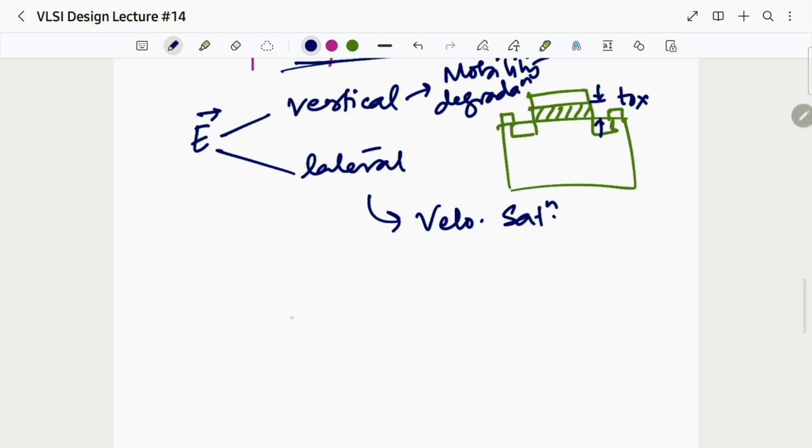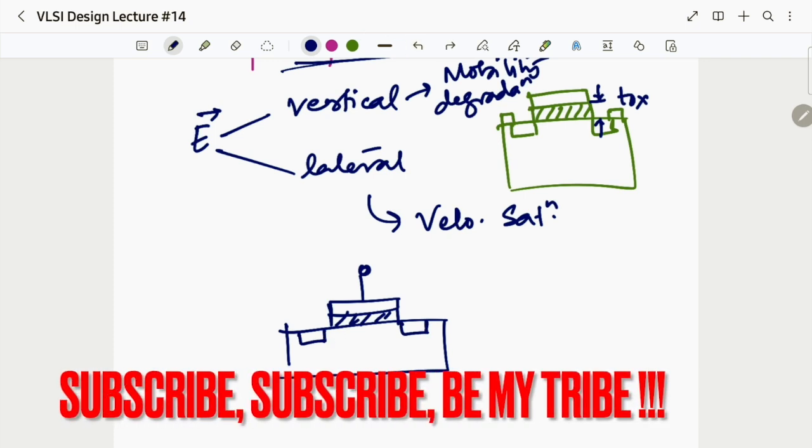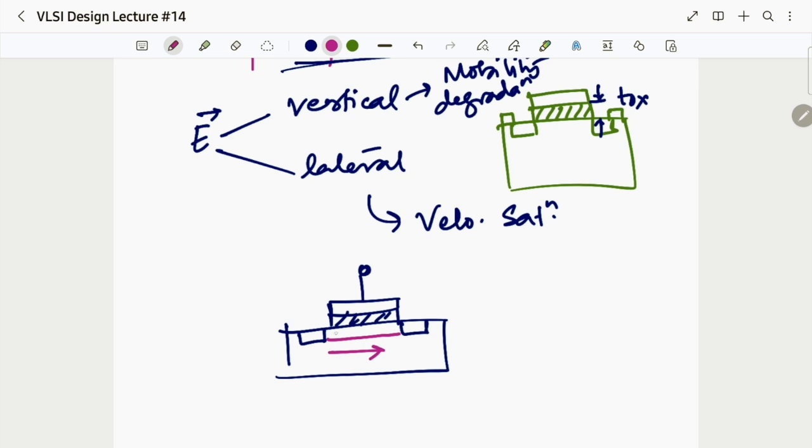What did it mean? Because of the vertical component, the electrons that were supposed to move from source to drain would actually get attracted and move towards the gate, to the surface of the substrate, and because of that they used to get scattered, and that resulted in mobility degradation.